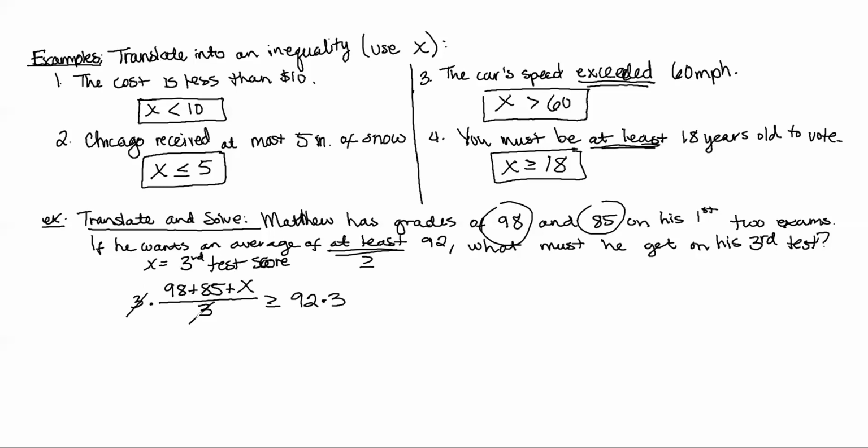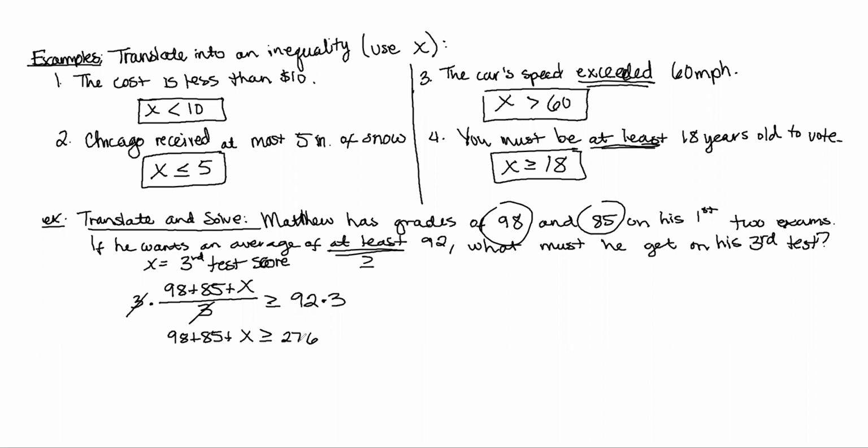So cross out those 3's and we're left with 98 plus 85 plus x is greater than or equal to 3 times 92, which is 276.